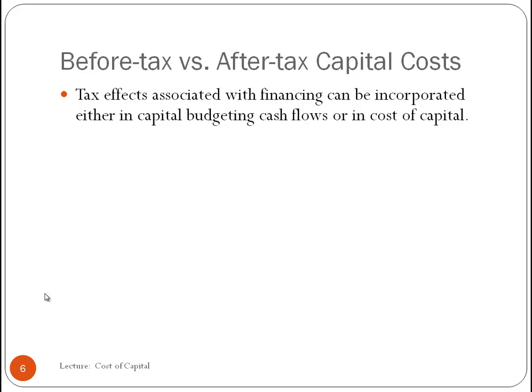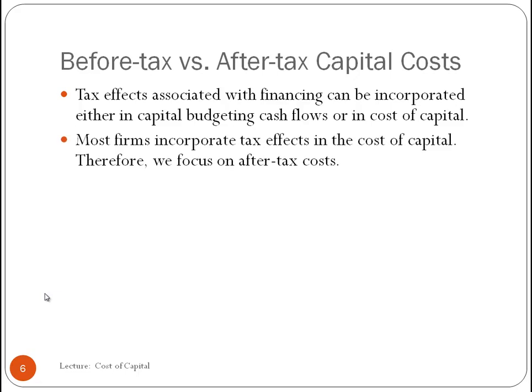If you can picture that value equation where we've got cash flows on the top and a discount rate on the bottom, the cash flows are the numerator, and our cost of capital is the denominator. It's the discount rate. So the tax effects could be factored into either the numerator or the denominator. But by convention, most firms incorporate the tax effects into the cost of capital portion of that equation.